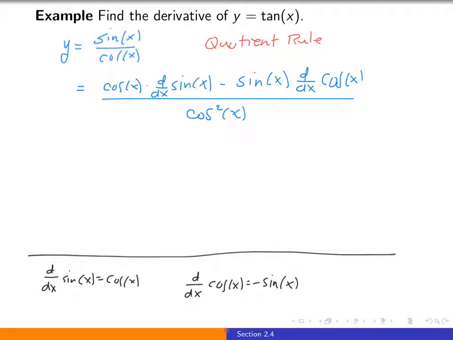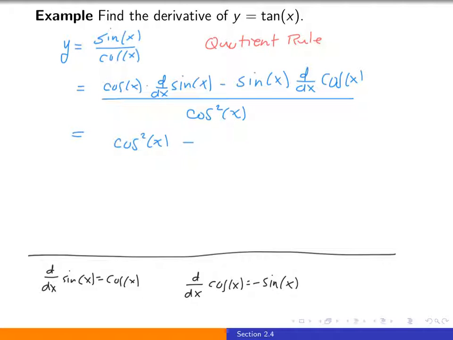Now that we have it written out in terms of what the quotient rule tells us, the thing to do is to look at the two easier derivatives that remain and to evaluate them via these common formulas. So the derivative of sine is cosine. So the first term becomes cosine squared. We're subtracting away, and note that the derivative of cosine is minus sine.